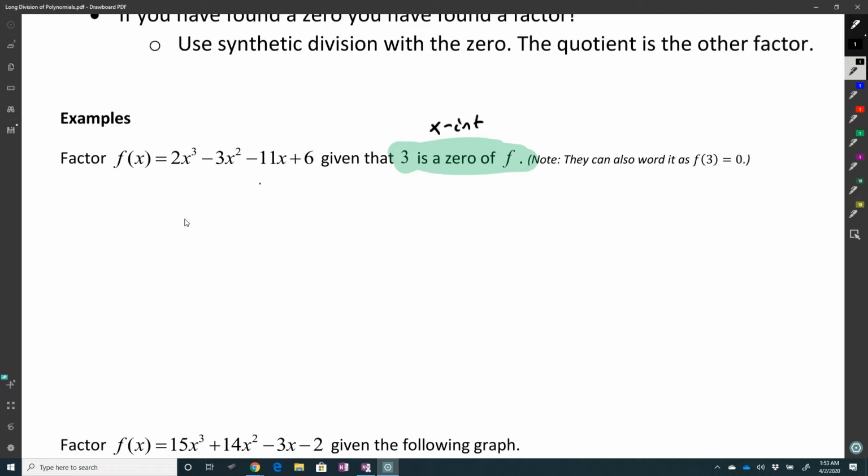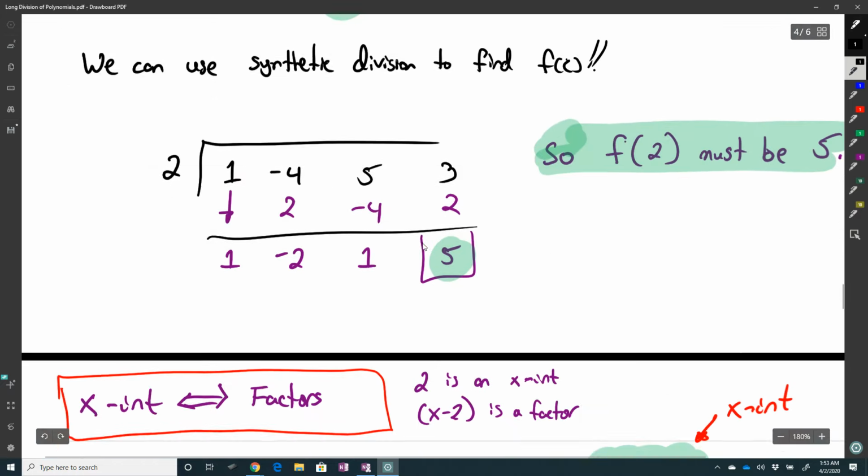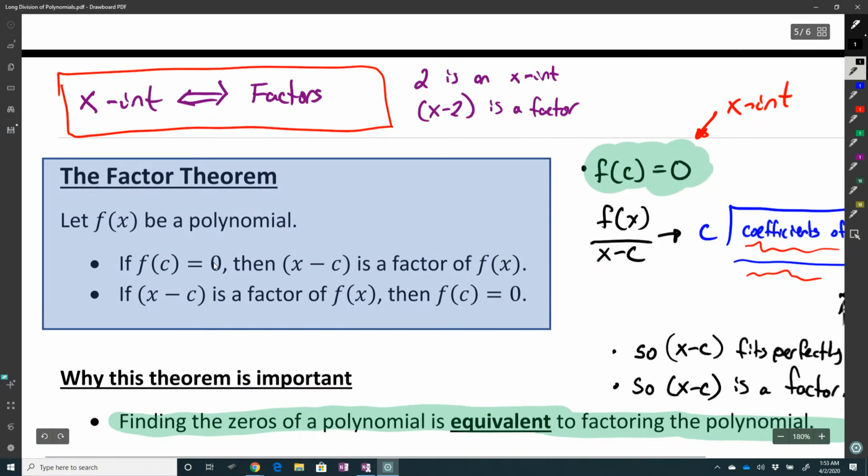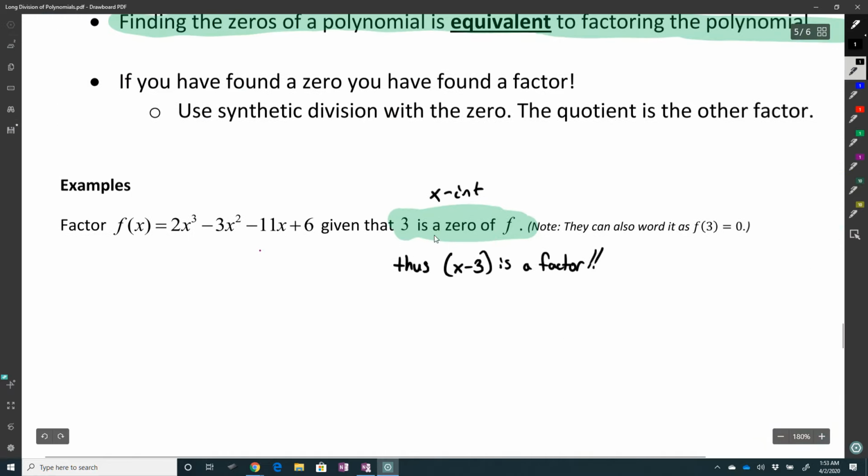So to factor, I know that x minus 3 is a factor. That's what the factor theorem says: if you have an x-intercept, then x minus c is a factor. So 3 is an x-intercept, x minus 3 is a factor. The question is, what's the other factor?